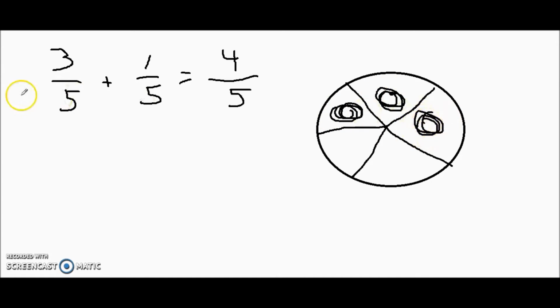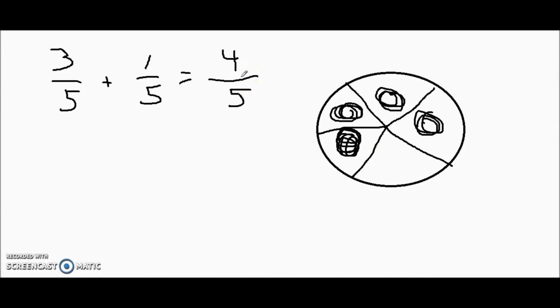So this represents our first fraction right here. And then we're going to add 1 over 5. So we're going to color in one more part of our total, because they have the same denominators. So we'll color that in, and now our final product here depicts our final fraction answer. So there we go. That's a pretty simple adding equation.